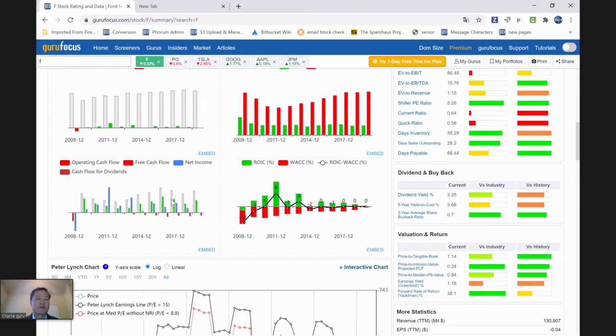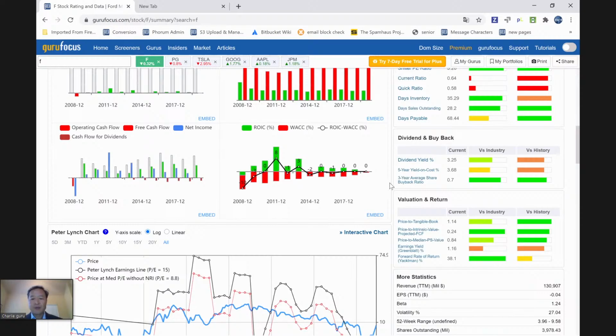You can refer to this chart, also for the consistency between the earnings and the cash flow. Here is a chart, again as I mentioned, of return on invested capital relative to the weighted average cost of capital.